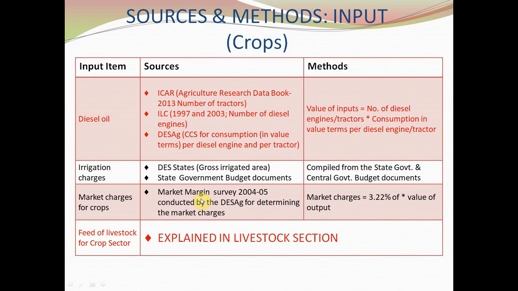For this, the source is the market margin survey 2045, which is conducted by DES, Ministry of Agriculture, for determining the market charges. And market charges total value is calculated as 3.32% of total value of output. Then feed of livestock for the crop sector will be explained in the livestock census section.